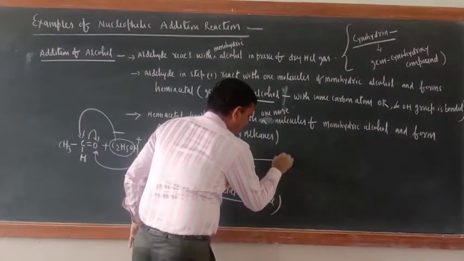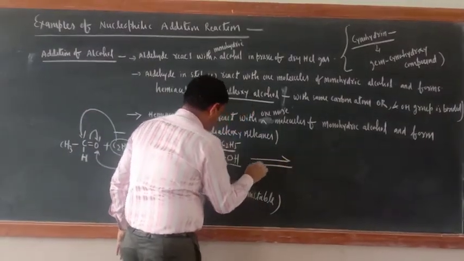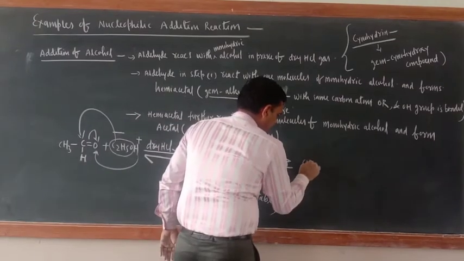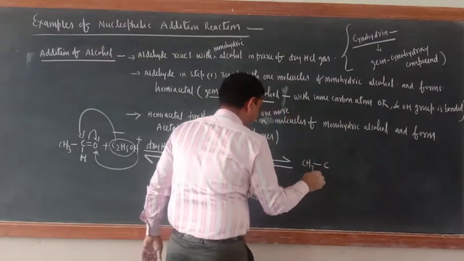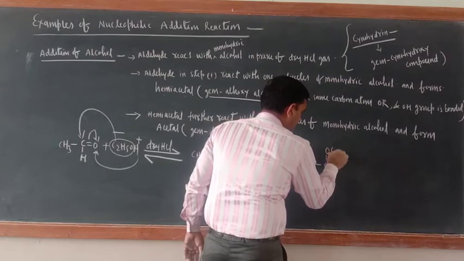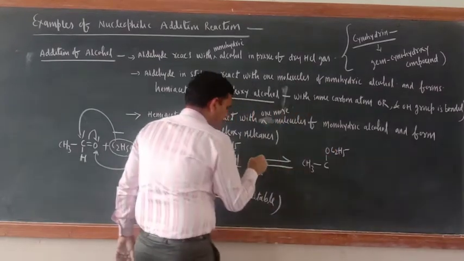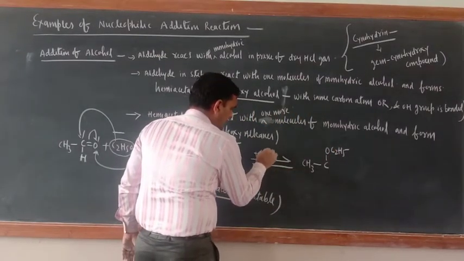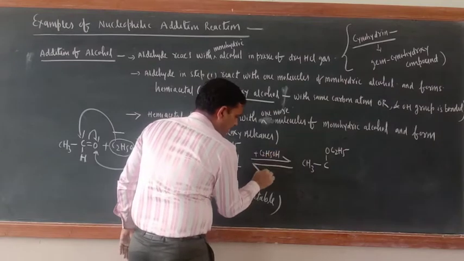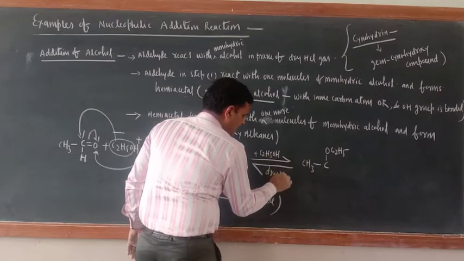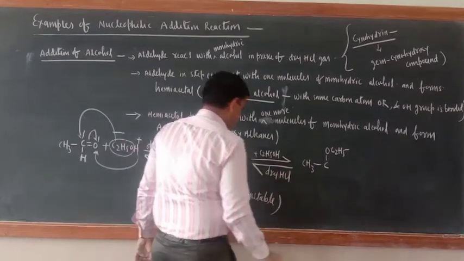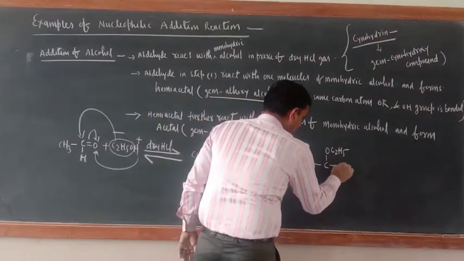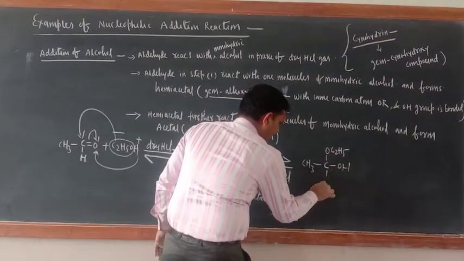Now the further reaction. CH3, here C, and already OC2H5 is there. Here one molecule of C2H5OH should be there, again in the presence of dry HCl only. OH is already there, correct?